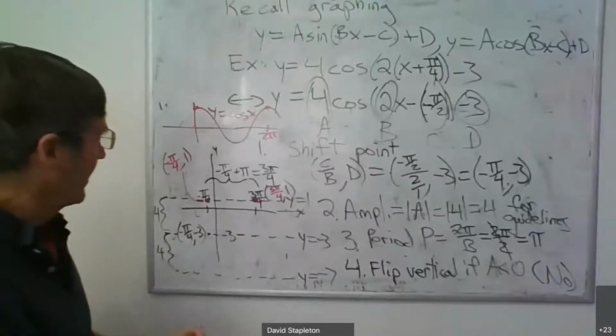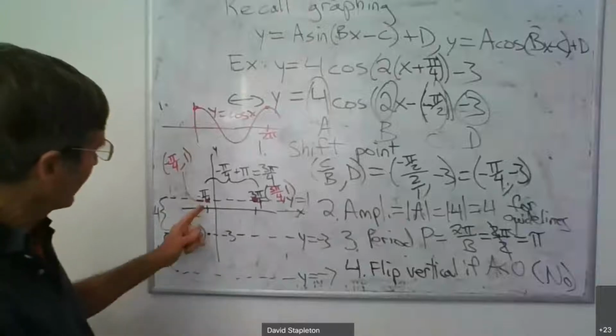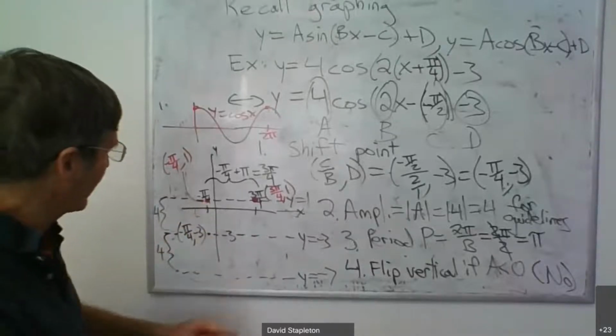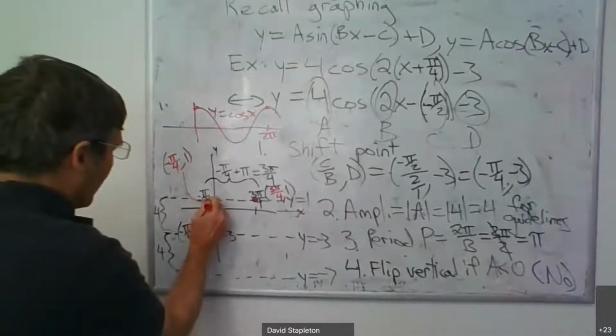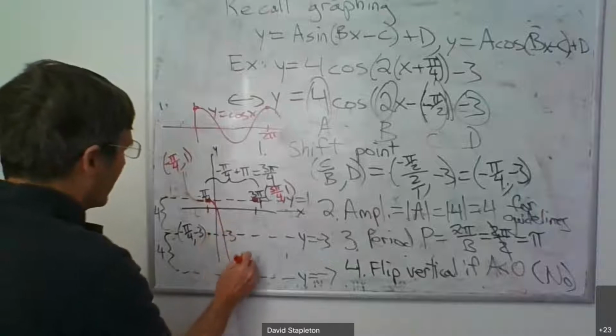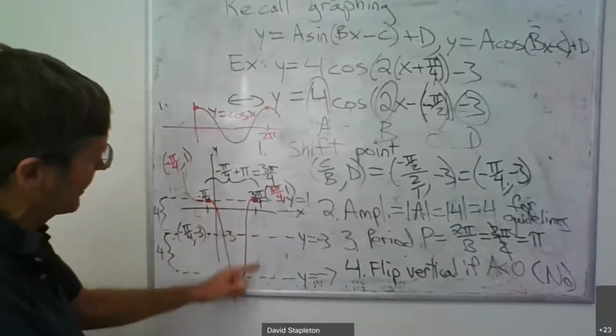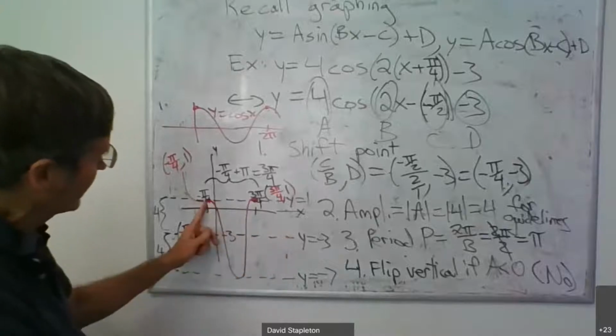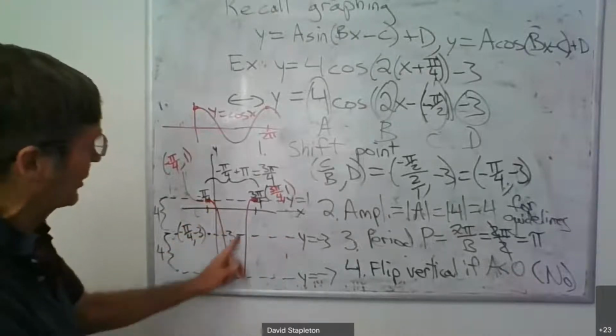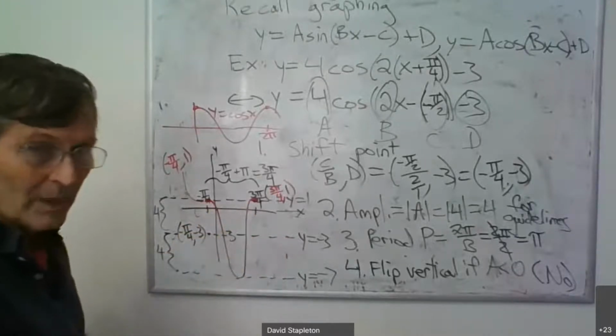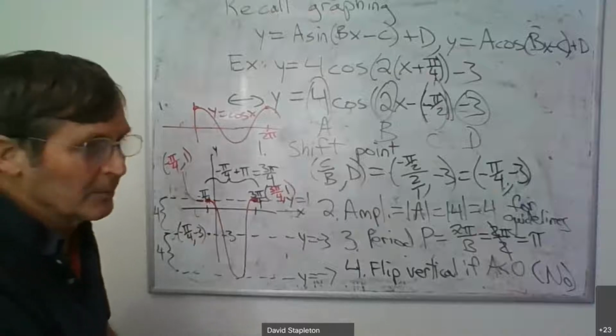Now this has a symmetry. It reaches the bottom exactly halfway in the middle here. So what I do is I just draw it that way, go all the way down to the bottom guideline and all the way back to the top, right? The sine we usually draw by starting at the middle, go up to the top, down to the bottom, back to the middle. The cosine we usually draw 1 period by starting at the top, going down to the bottom and coming back up. So there's 1 period of the cosine the problem asks for.